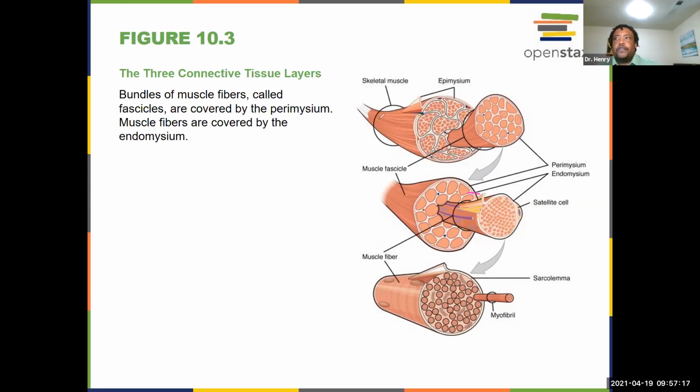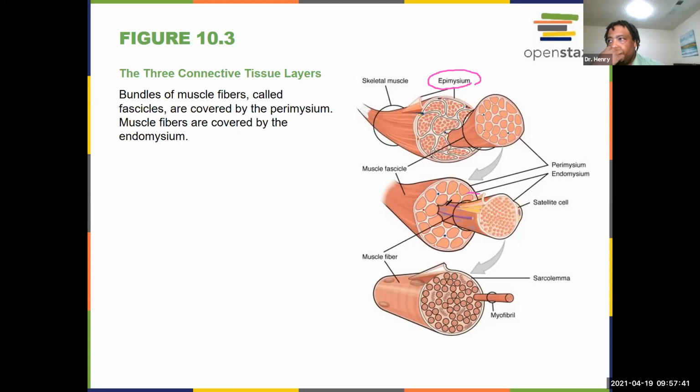So if we take a look at it, here's a skeletal muscle. We have our epimysium, which is that outer layer of tissue, and then the inner part. These are your muscle fascicles. Those are collected by another layer surrounding them, and then broken up into even smaller bundles, which are covered by the endomysium.